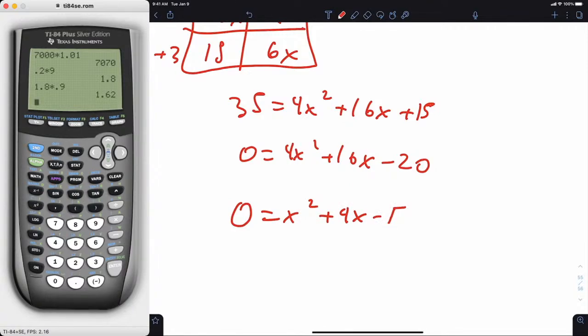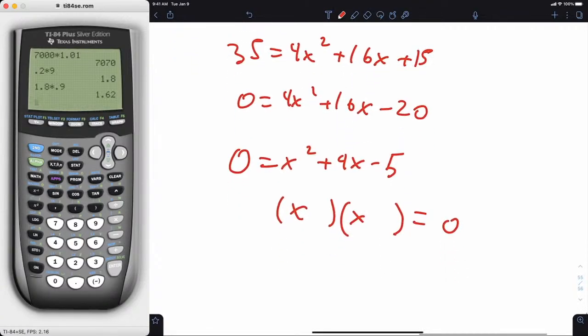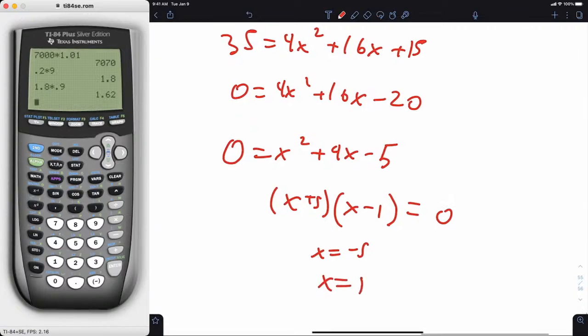If I'm going to factor this, I get (x )(x ). So what adds to 4 but multiplies to negative 5? Well, I'd say 5 and negative 1. So plus 5, minus 1. So x equals negative 5 and x equals 1.